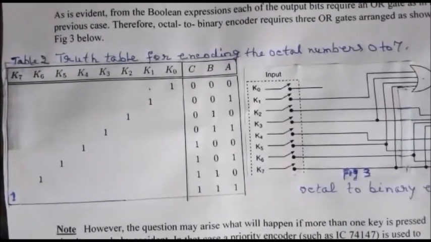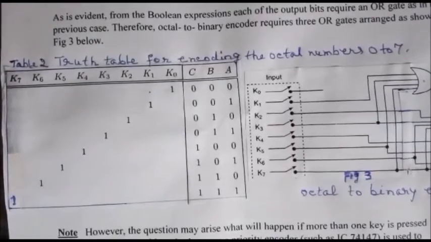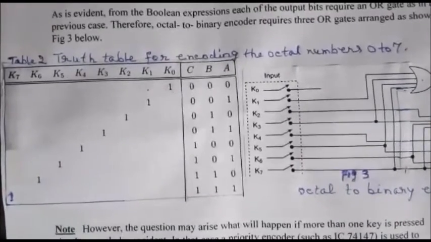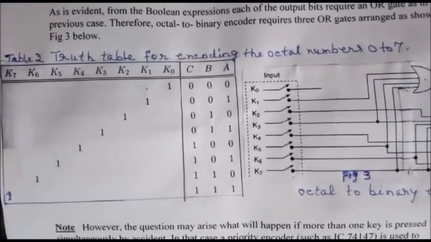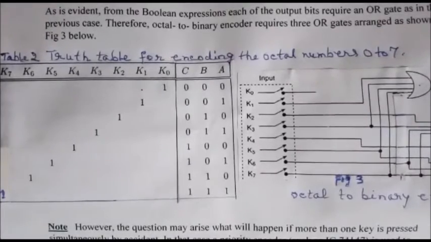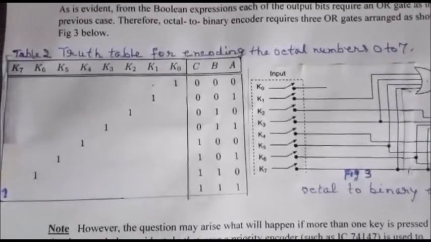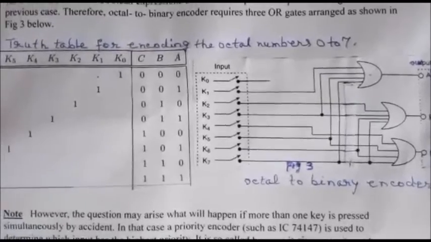And everywhere, as in the previous case, I have again not written the logic state 0, because we are interested in the logic state 1, so we are not concerned about the 0. If you want, you may write the 0 at all blank spaces. It is your wish. Now let us consider the inputs.